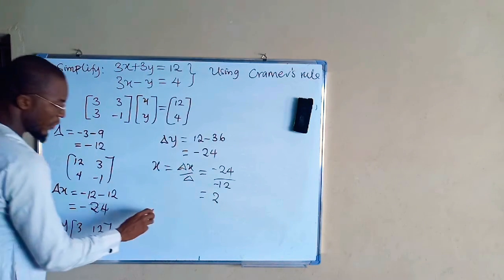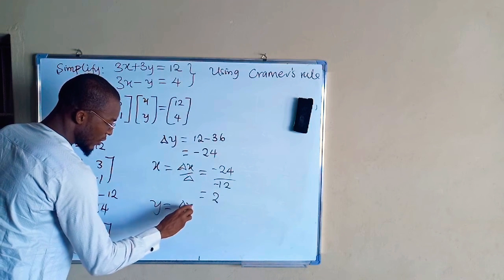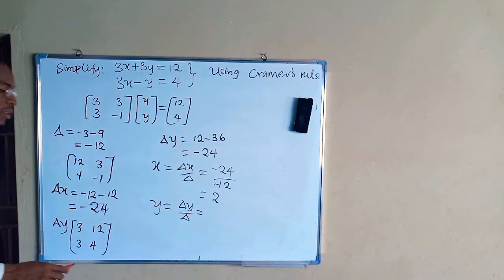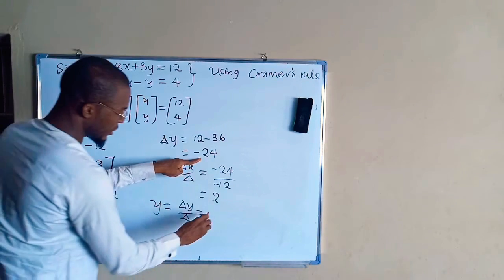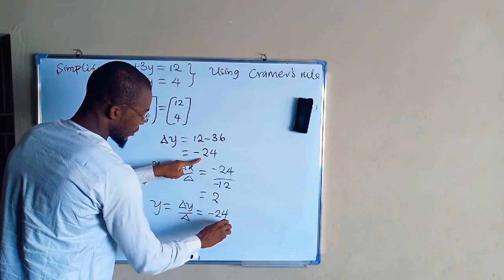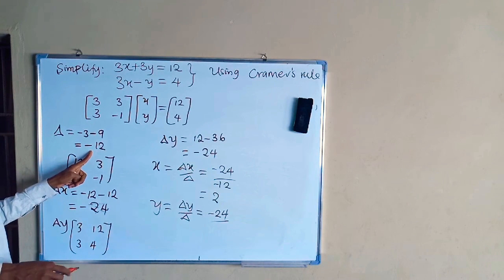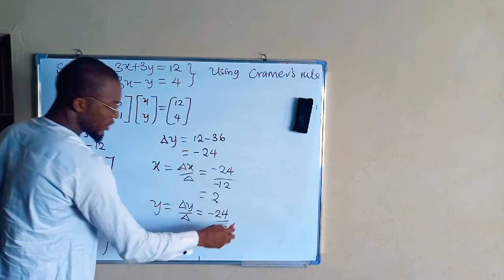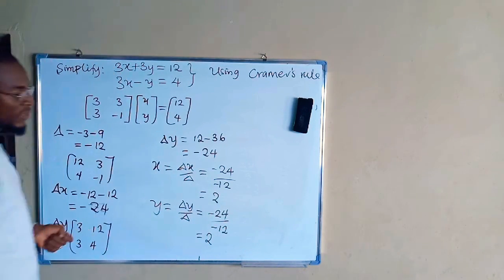Then again, the y value is delta y divided by delta, which is -24 divided by delta, -12. So -24 divided by -12 is also equal to +2.